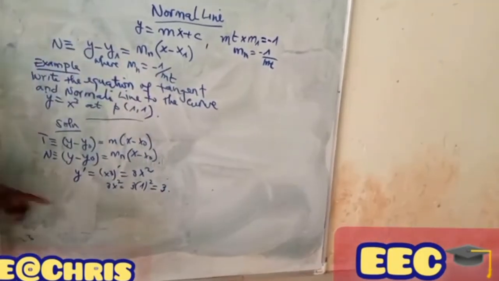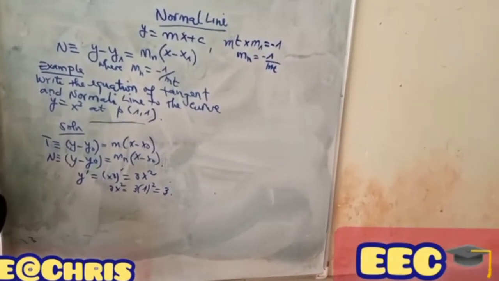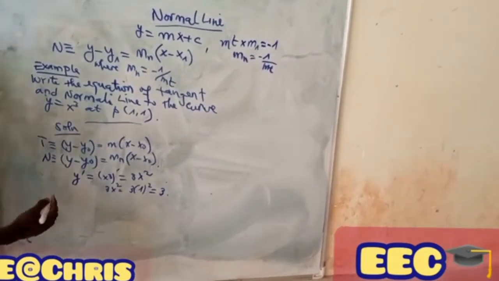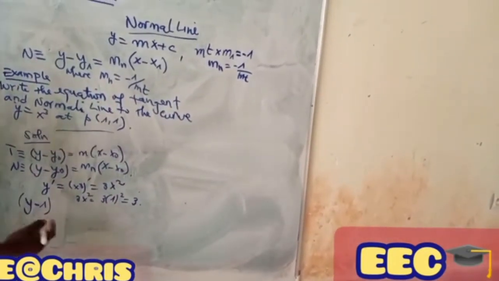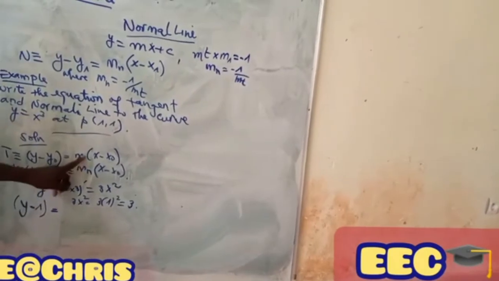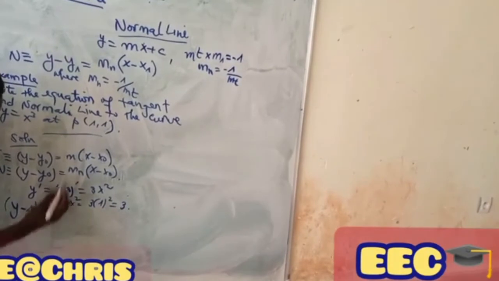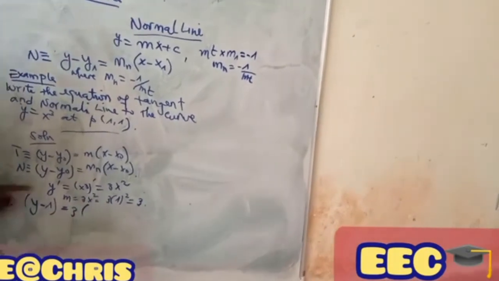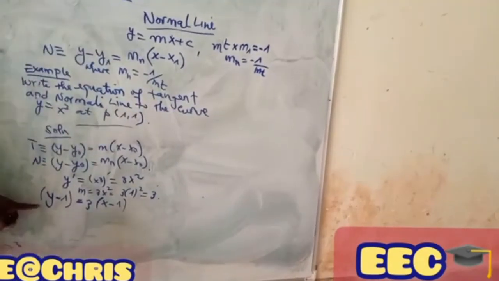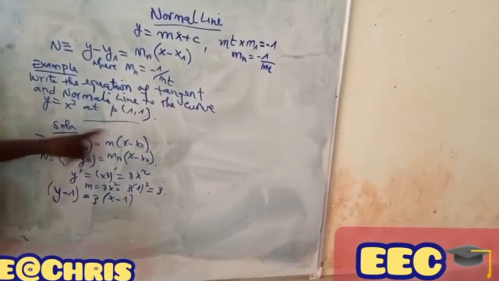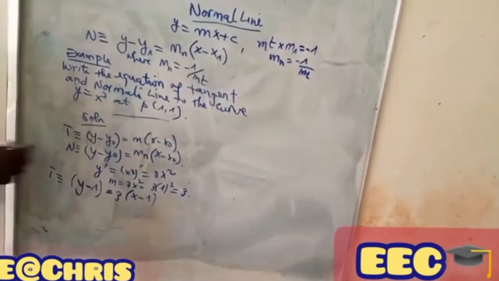And this is our derivative of y. Then y minus 1, with the value of x, will be equal to m times x minus x0. So m is equal to 3, times x minus 1. This is our tangent line, as you see here in this form.